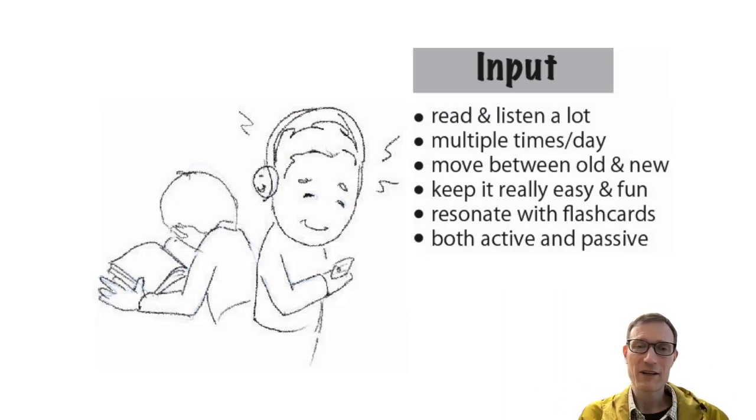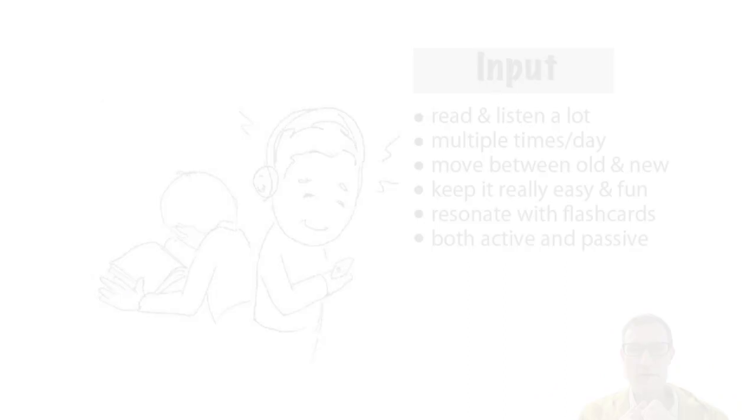It's just not a very good way to do it. It doesn't build the neural network that you need to build. But what I'm talking about here is resonating the input, the things that you've listened to and read, with flashcards. Okay, so we're going to look at how I do this in detail now.